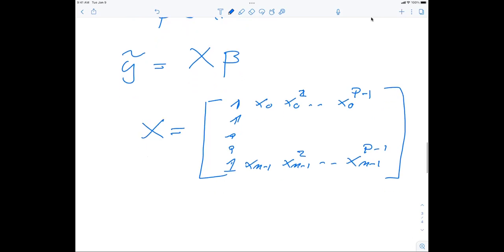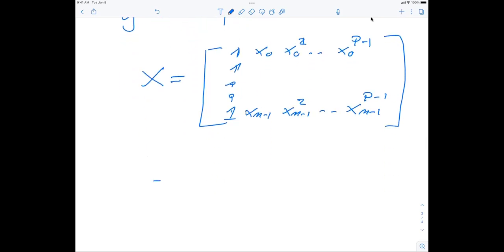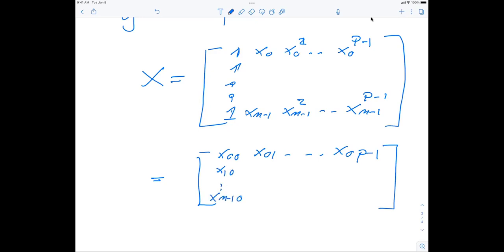Or in a more general form, we can now write this out as x00, x01, and all the way up to x0 p minus 1. And then I have x10 down to x n minus 1 0, and then x n minus 1 p minus 1.